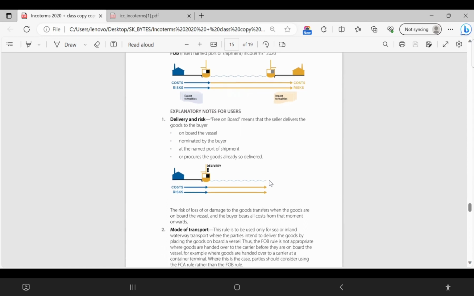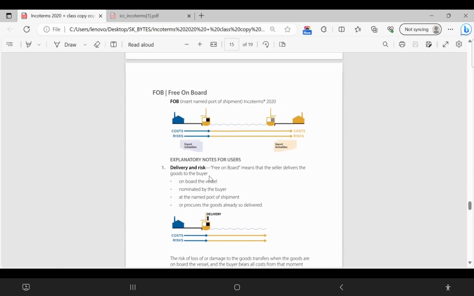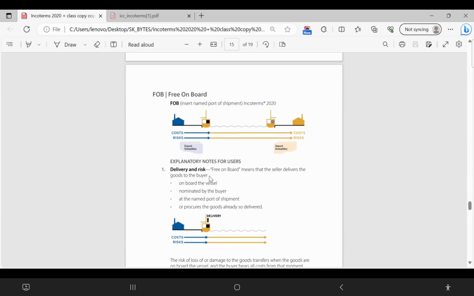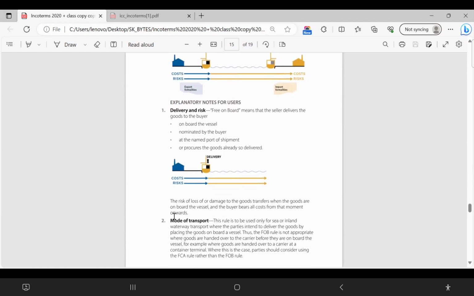The only distinguishing point between FAS and FOB is that the delivery happens once the goods are on board, as per the title of the incoterm, free on board. The risk of loss or damage to the goods transfers when the goods are on board the vessel, and the buyer bears all cost from that moment onwards. Here the delivery happens.